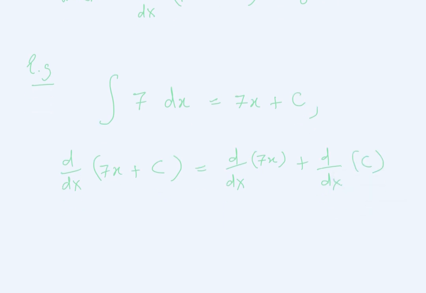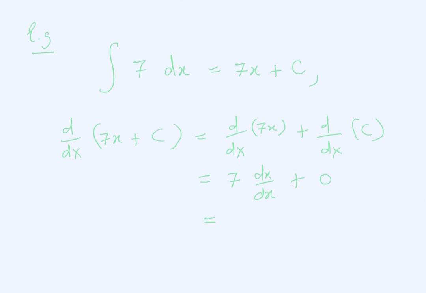If you differentiate 7x, the constant comes out because it's constant with respect to the derivative, and we're left with dx with respect to x, plus 0, because when you differentiate a constant, you get 0. So this is equal to 7 multiplied by 1, because dx with respect to x is 1. So this is just 7. When we differentiate 7x plus c, we get back 7. Therefore 7x plus c is indeed the antiderivative of 7.